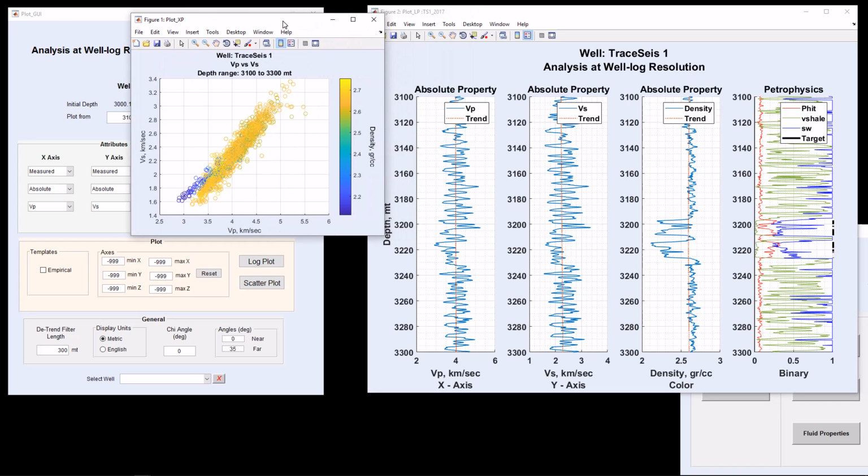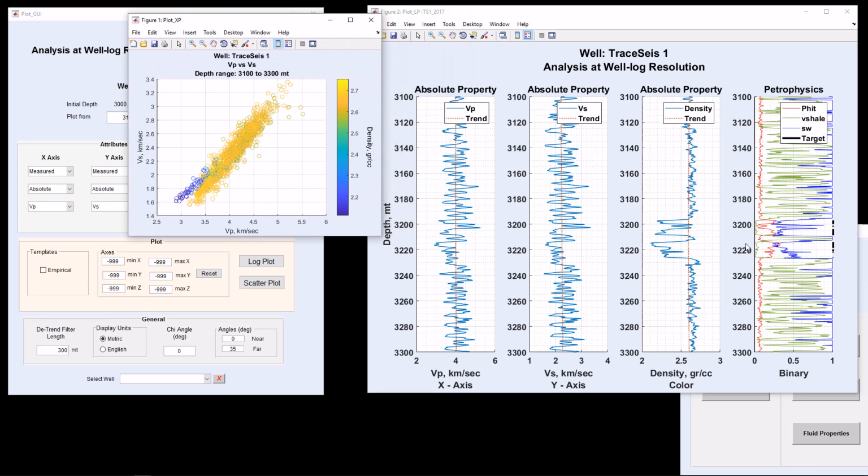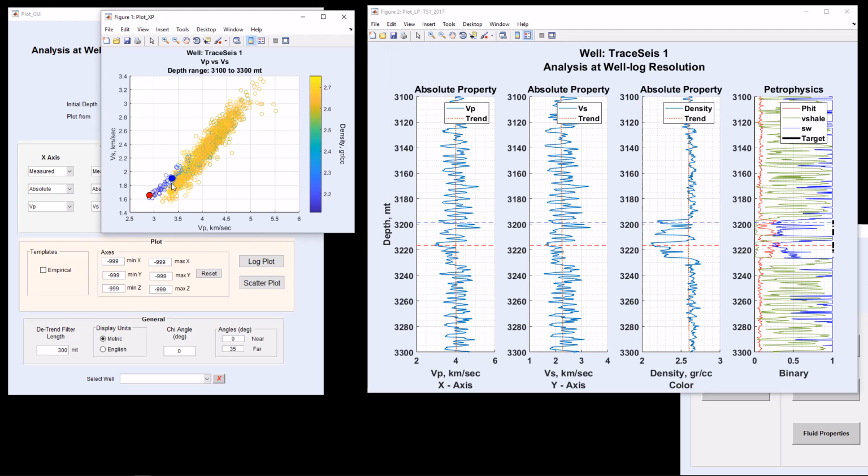We can identify or verify the reservoir by making a line in the target points, in this case a blue line that maps to a blue point in the scatter plot, and a red line that maps to the red point in the scatter plot. So we verified that these low density points correspond to the reservoir.